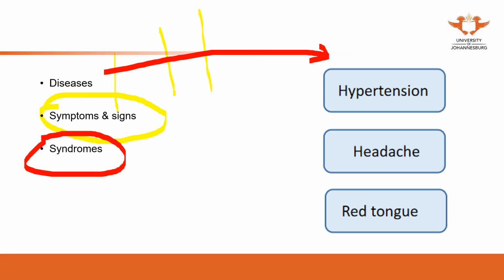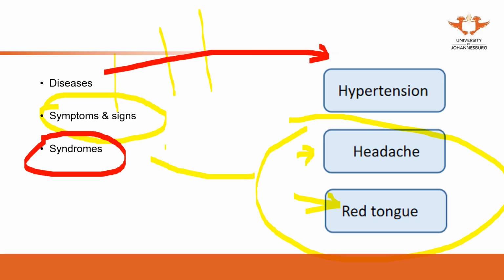For example, the patient suffers from headache, and you identify a red tongue, a yellow coating. When you put all these symptoms and signs together, you will conclude to a syndrome. This patient may suffer from wind cold or wind heat, depending on the symptoms and signs.